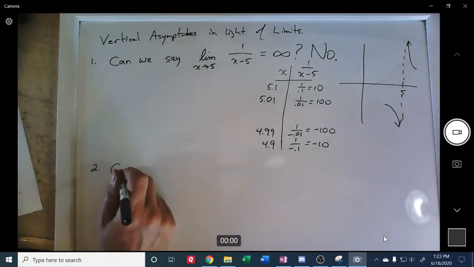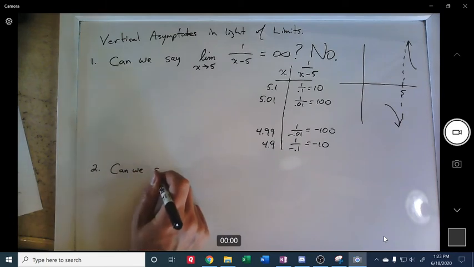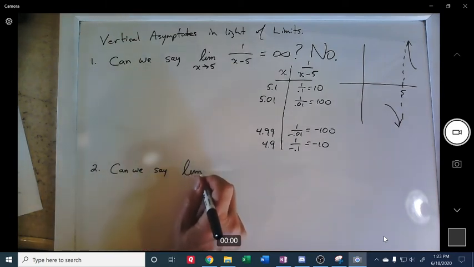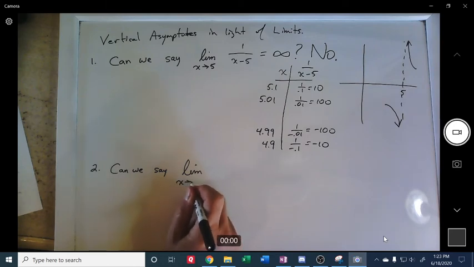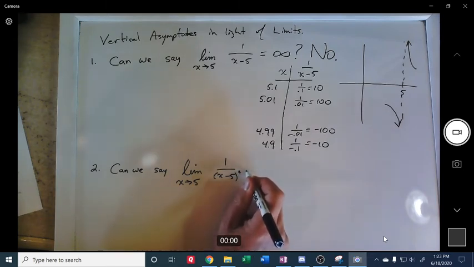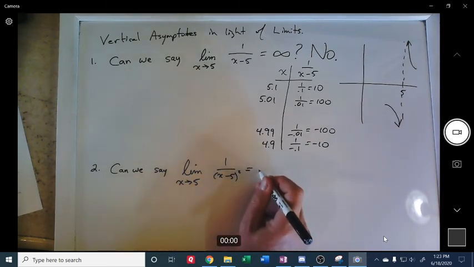Can we say the limit as x approaches 5 of 1 over (x minus 5) squared is equal to infinity?